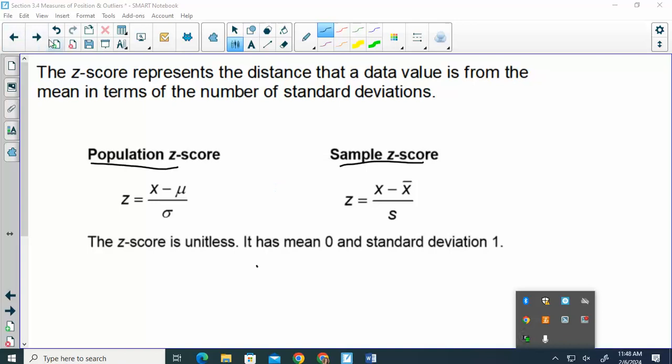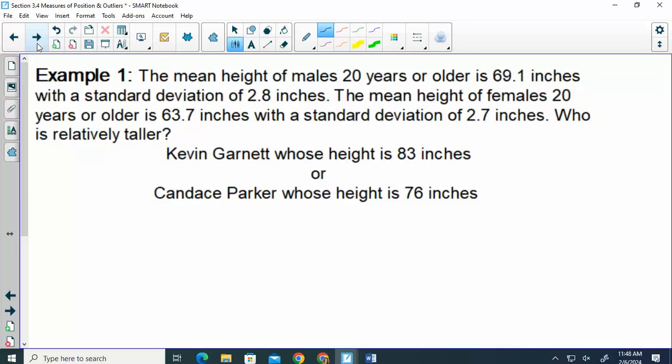Let's look at an example. The mean height of males 20 years or older is 69.1 inches with a standard deviation of 2.8. If you're writing this down, you don't have to write all of it. We have males, the mean is 69.1, standard deviation 2.8.